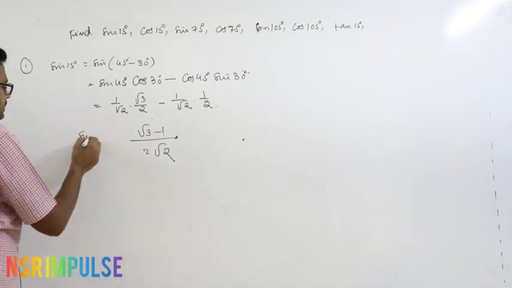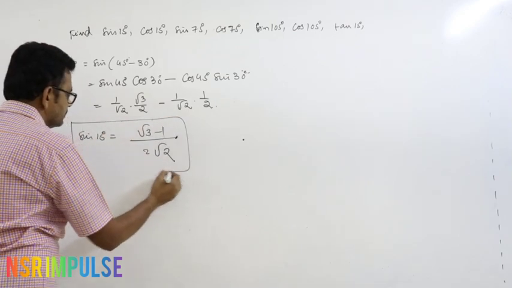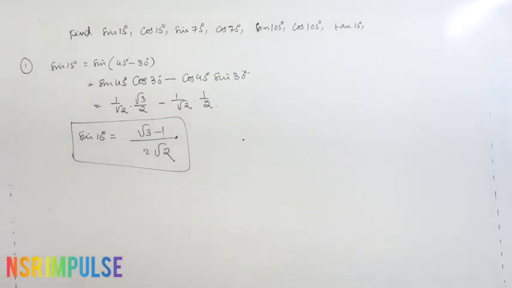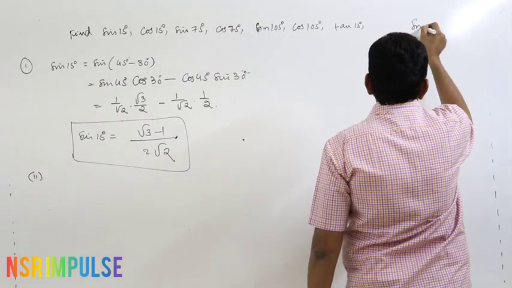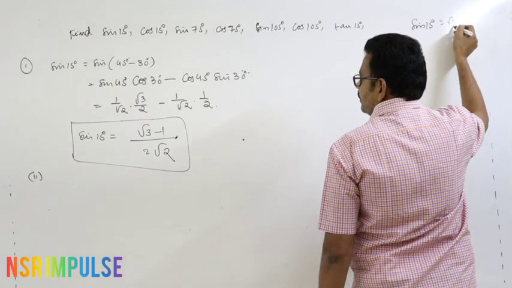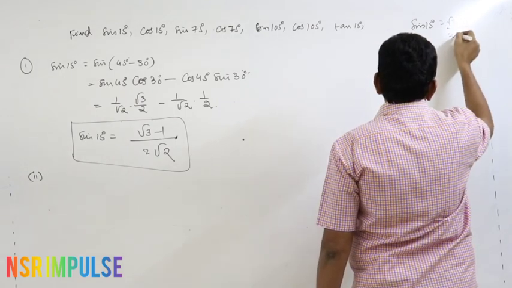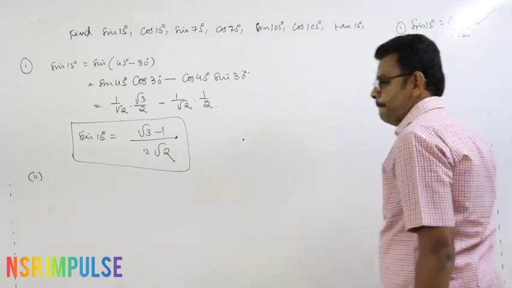So sin 15 degrees equals root 3 minus 1 by 2 root 2. So this is the standard result.